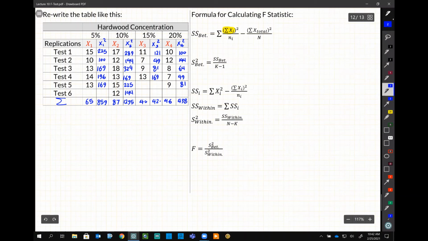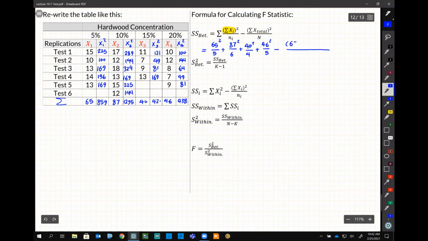It's equal to 65 squared divided by 5, 87 squared divided by 6, 40 squared divided by 4, plus 46 squared divided by 5, minus the second guy, which is the sum of the total squared.